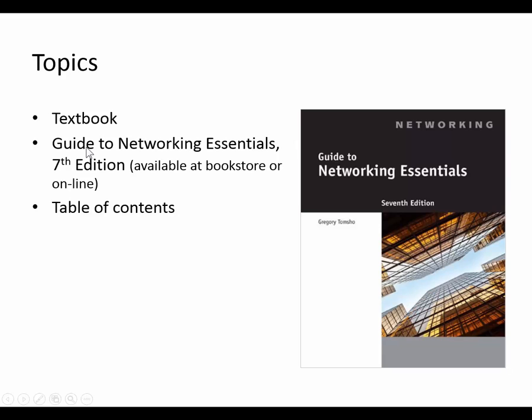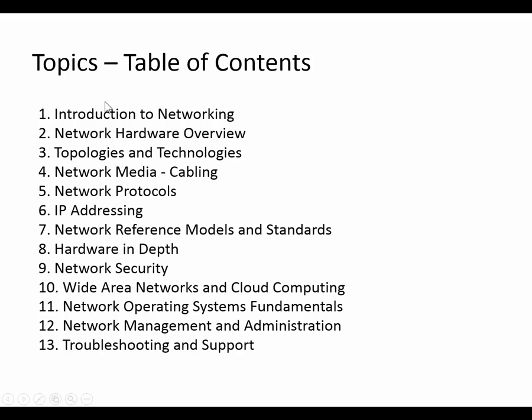If we go to our textbook, Guide to Networking Essentials, 7th edition, which is available at the bookstore or online, and look at the table of contents, we will see that there are 13 chapters: Introduction to Networking, Network Hardware Overview, Topologies and Technologies, Network Media, which really means cabling, Networking Protocols, IP Addressing, Network Reference Models and Standards, Hardware in Depth, Network Security, Wide Area Networks and Cloud Computing, Network Operating System Fundamentals, Network Management and Administration, and then the last chapter is Troubleshooting and Support.